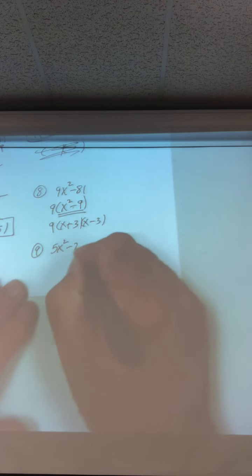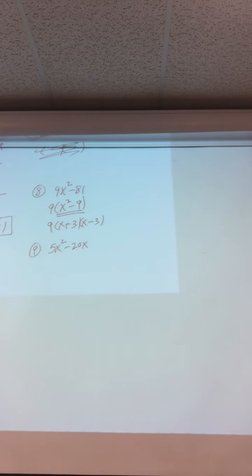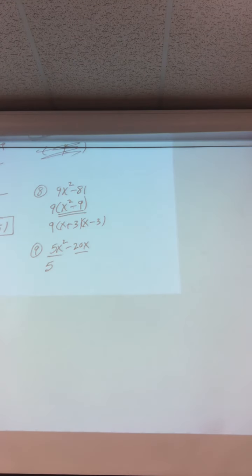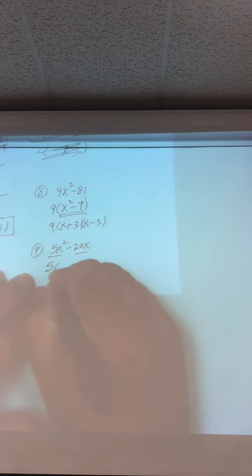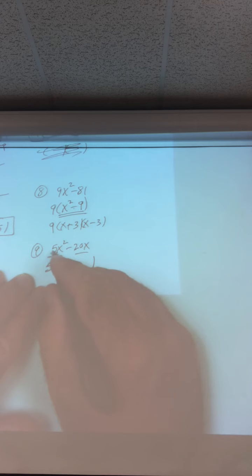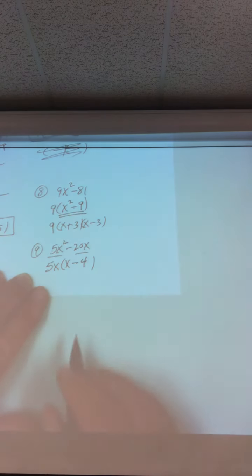5x squared minus 20x. First, look for a GCF. Now, if you're not careful right here, you'll say that the GCF is 5. That is not correct. Your GCF is 5x. Now, divide 5x into 5x squared, and I'm left with x, minus 5x into 20x just leaves 4.